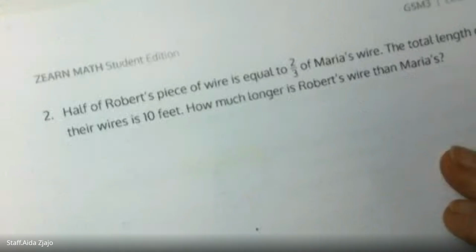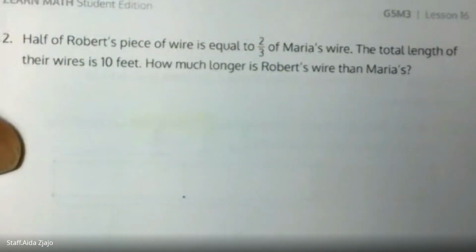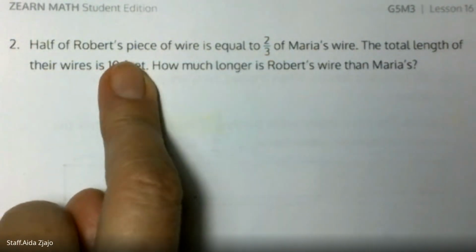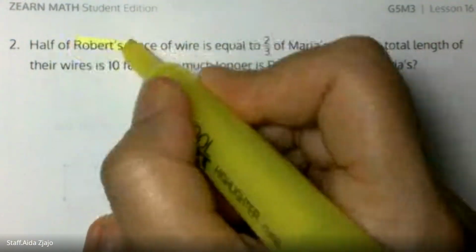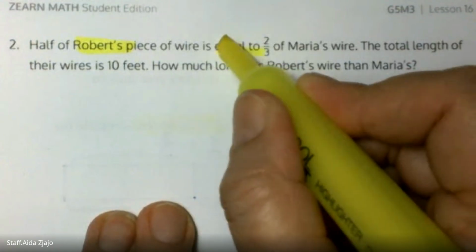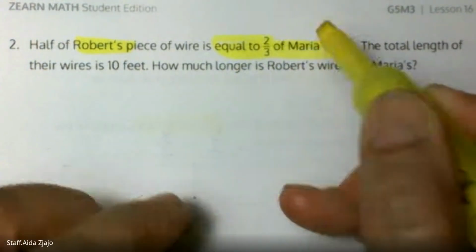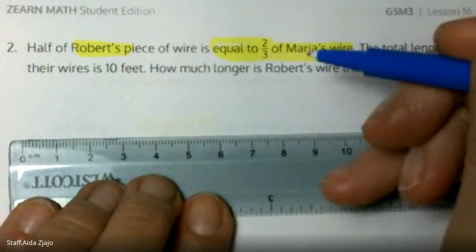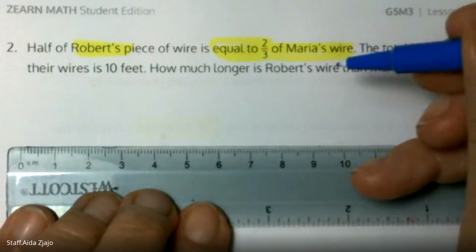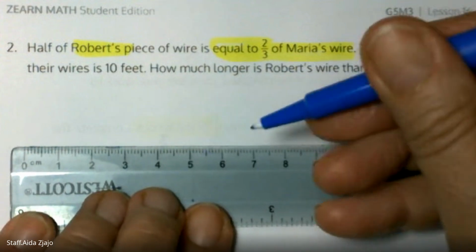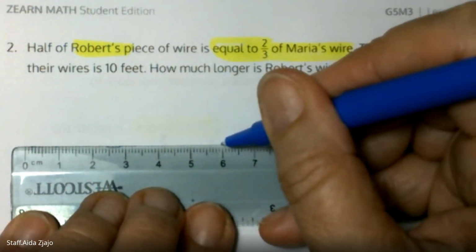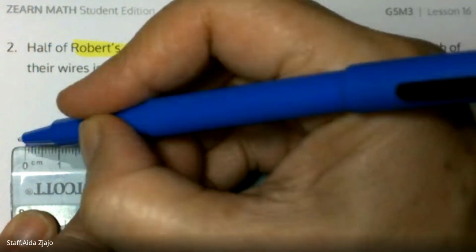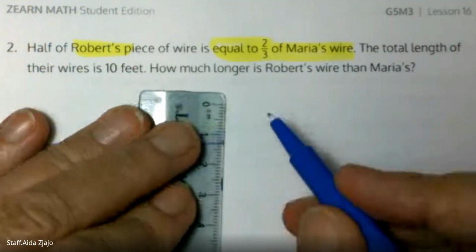Let's now talk about the problems that we have. It says half of Robert's piece of wire is equal to 2/3 of Maria's. So if you think about this, let's see, if this is Robert's.